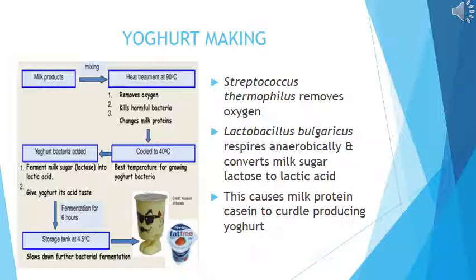This culture contains two different types of bacteria: Streptococcus thermophilus, which removes oxygen, and Lactobacillus bulgaricus, which respires anaerobically and converts the milk sugar lactose to lactic acid. During this fermentation period of nearly 6 hours, the milk protein casein curdles and as a result yogurt is produced. At this stage, sugar and fruit can be added for flavor.